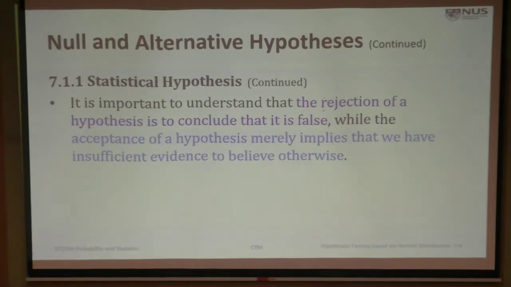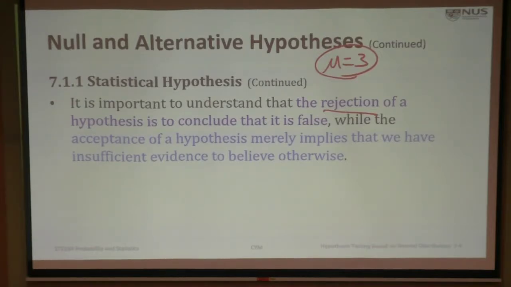Now, when we say we reject a certain statement, a simple example is the statement mu equal to 3. This can be true, can be false. If you know the population, you check everyone, and then you can calculate.